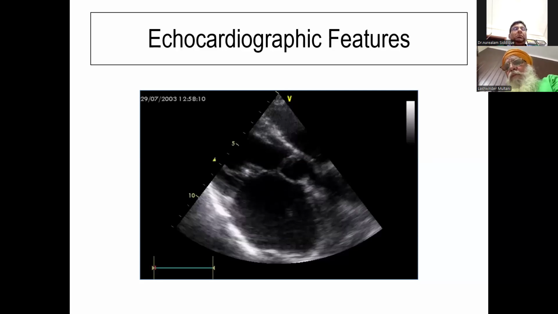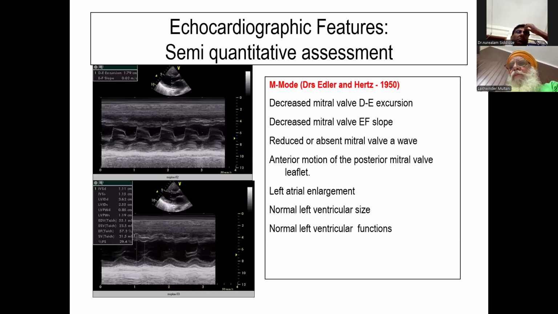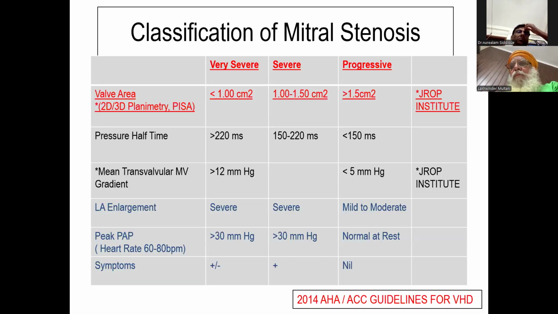The only exception is if there's associated mitral regurgitation, where the LA will dilate. That tells you the dilatation is contributed by mitral regurgitation. If there's no mitral regurgitation and no dilatation of LA, then you have to really think twice before you label somebody as severe mitral stenosis. That's what I said in my slide: LA enlargement is severe, large, but mild to moderate in progressive mitral stenosis. Okay, sir. Thank you, sir.